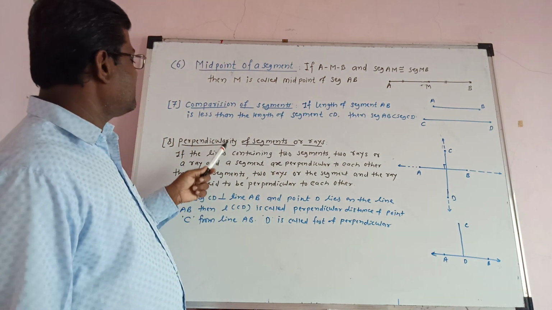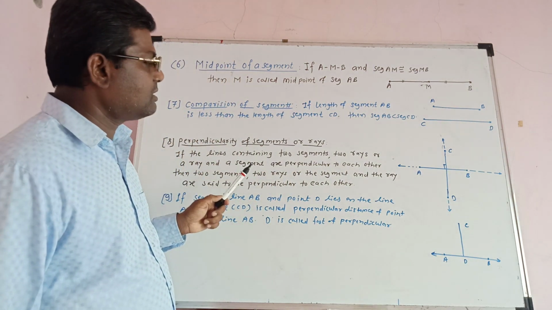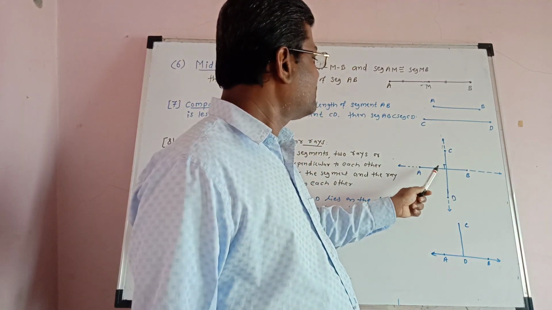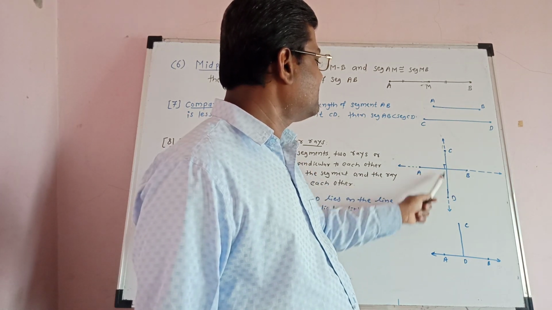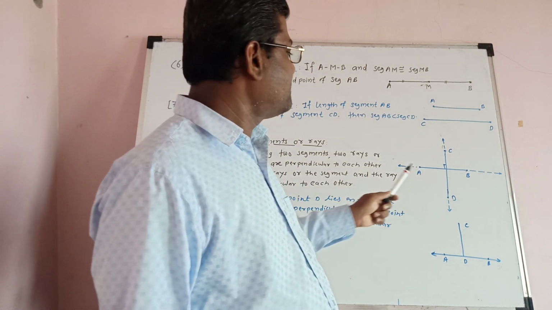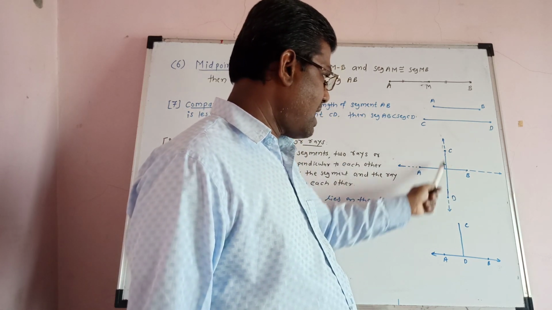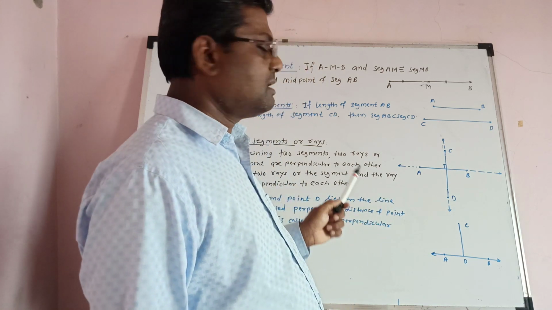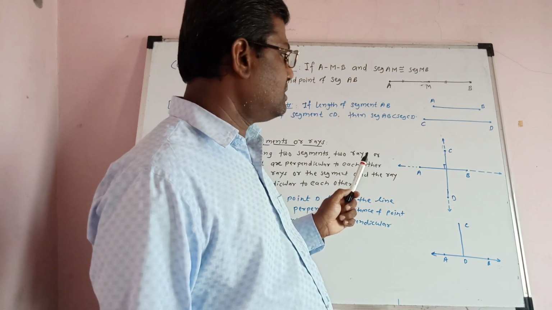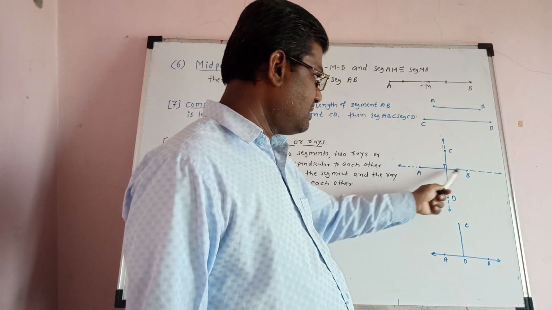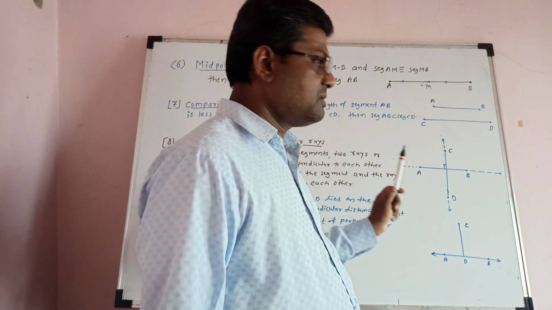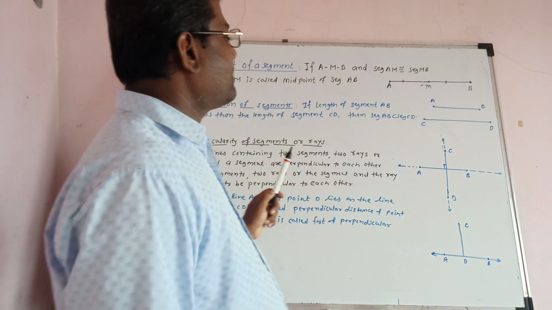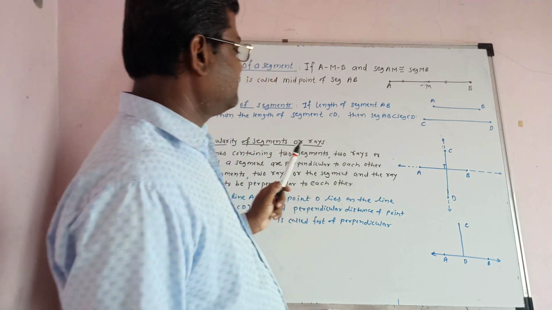Then perpendicularity of segments or rays. If the lines containing two segments AB and CD, or two rays AB and CD, or one ray and one segment are perpendicular to each other, then these two segments or two rays or one segment and one ray are said to be perpendicular to each other.